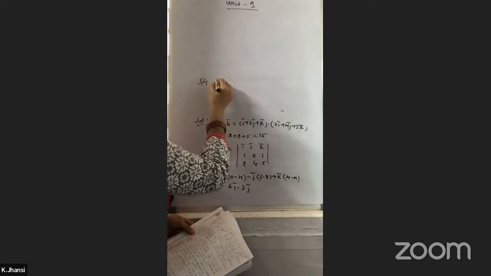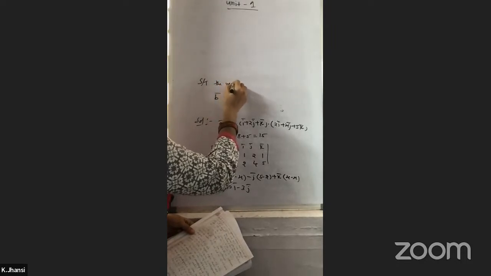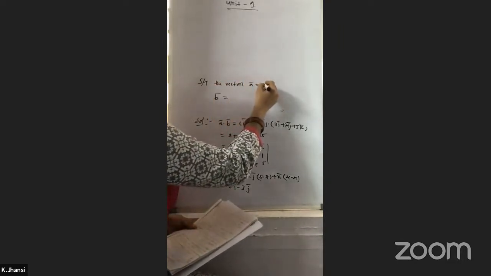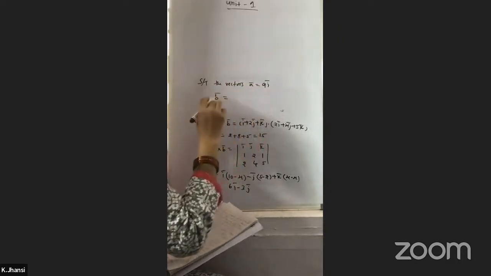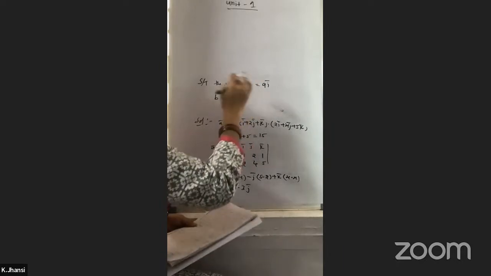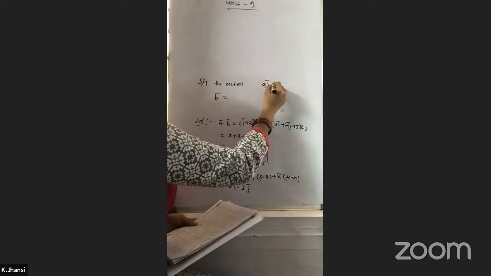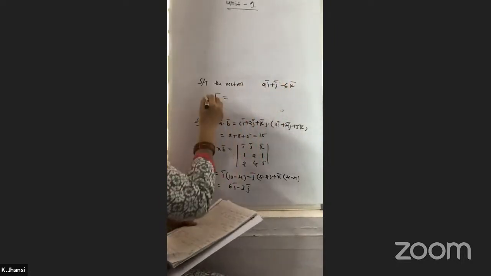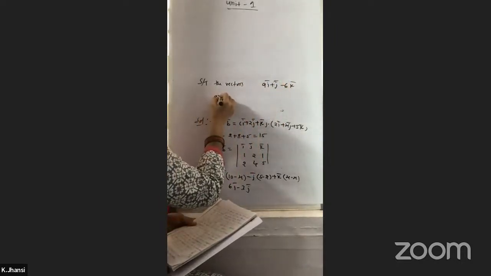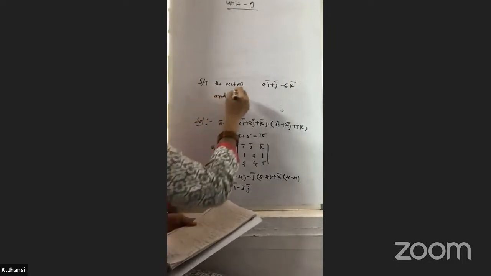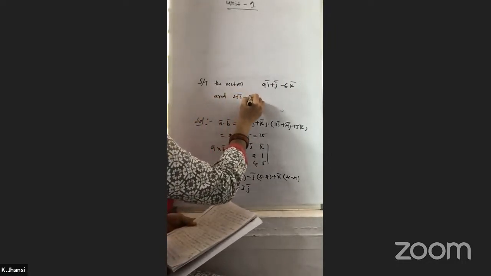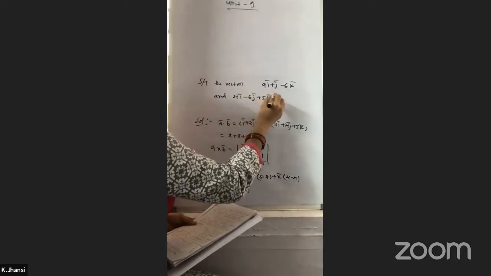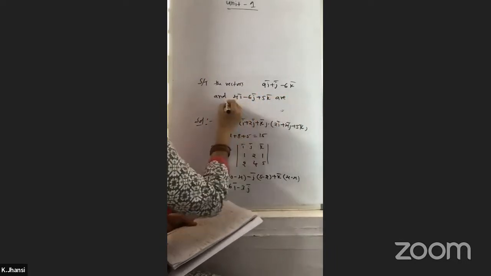Show that the vectors 9i plus j minus 6k and 4i minus 6j plus 5k are orthogonal.